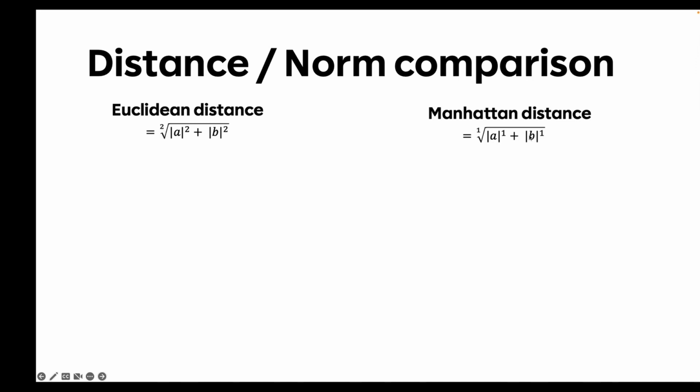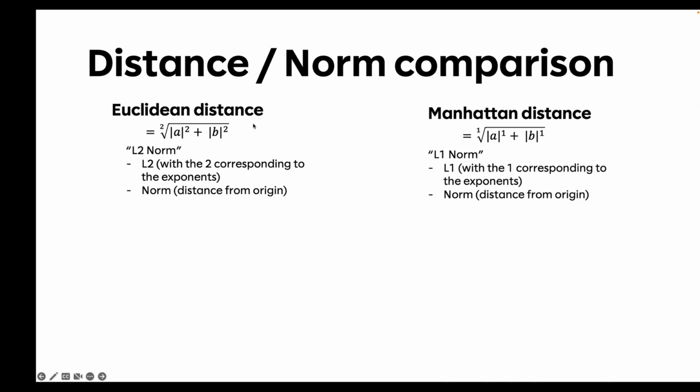All these 2's become 1's, and they're very similar, except the 2's are essentially swapped by a 1. So, like I said, we don't necessarily talk as much about distance, but we talk about norms, which I said is very similar to distance. It's like a magnitude. There's a technical term that you'll hear in data science, which is L2 norm and L1 norm.